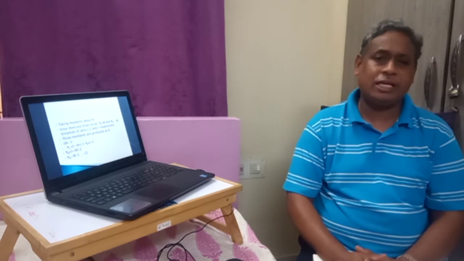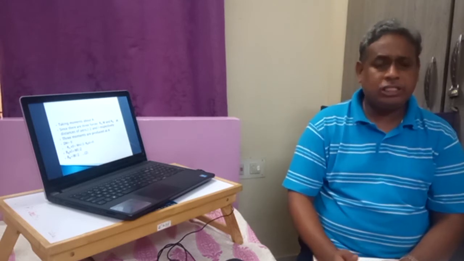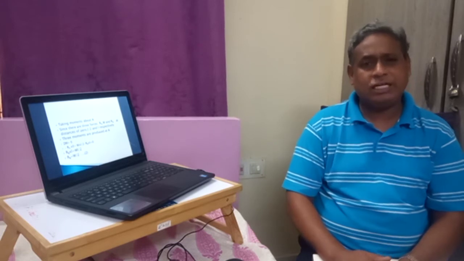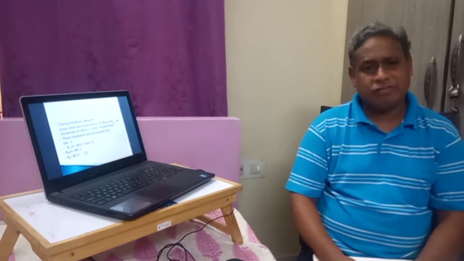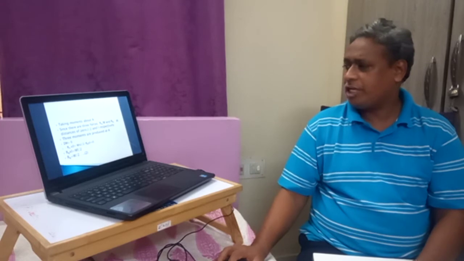Then we'll take the moments at point A. We can take at point B also, but in practice we generally take at the left hand. That is convenient. As we start our writing from the left hand, we take from the left. So, taking moments about A.